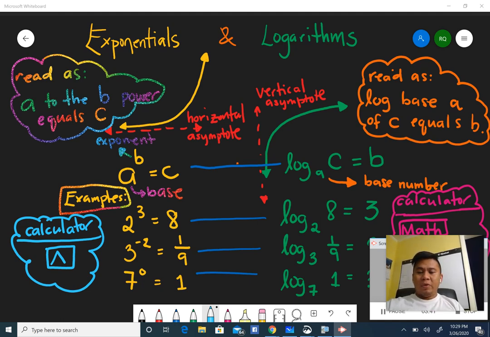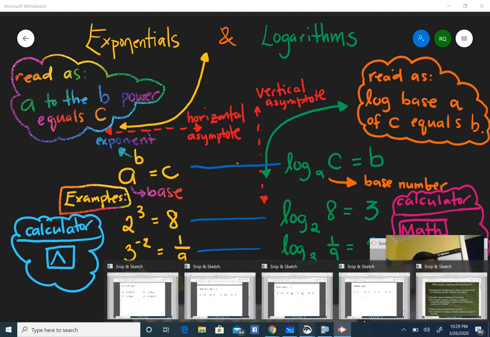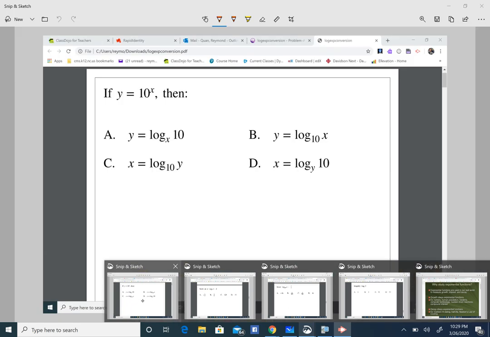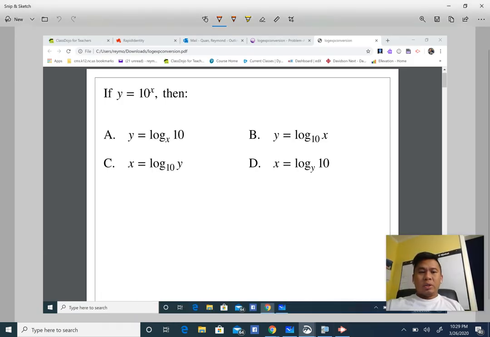So let's have a few examples in here. Let's try this first one. It says if y equals 10 to the x, then which of the following is true?